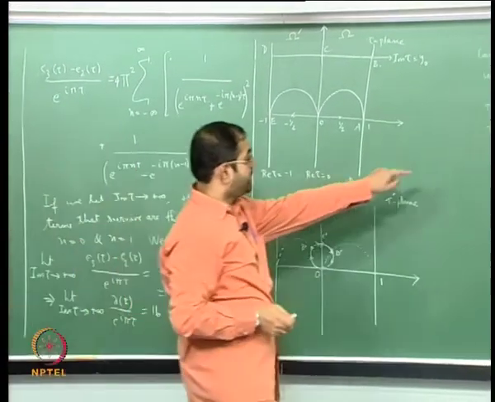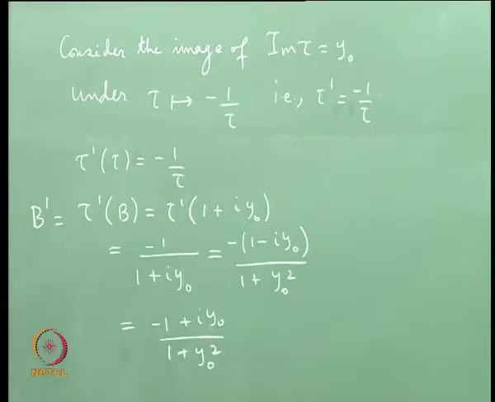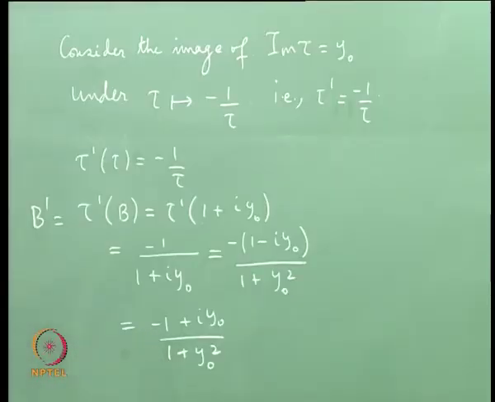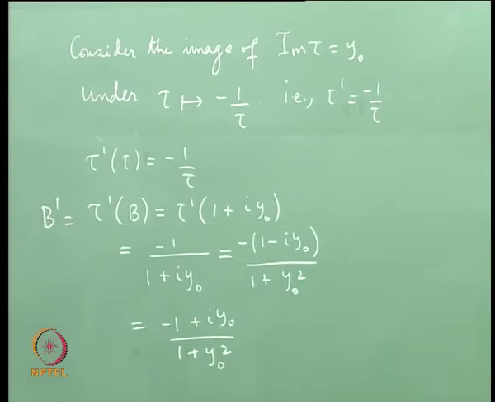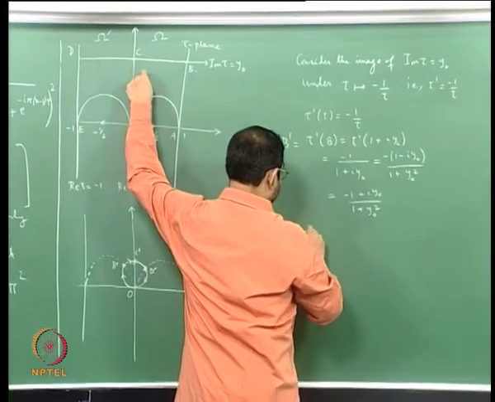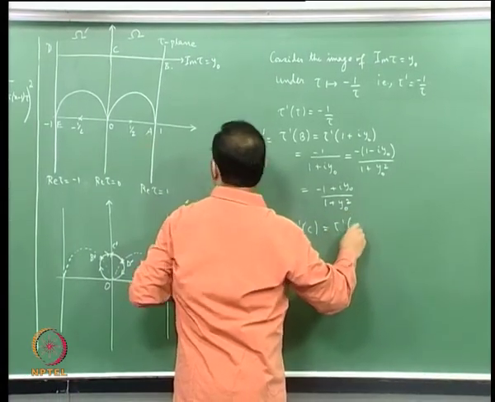So B prime will be tau prime of B, so it's a point with a negative real coordinate -1 by 1 plus y naught squared, and if you calculate, C prime will be tau prime of C. What is C?